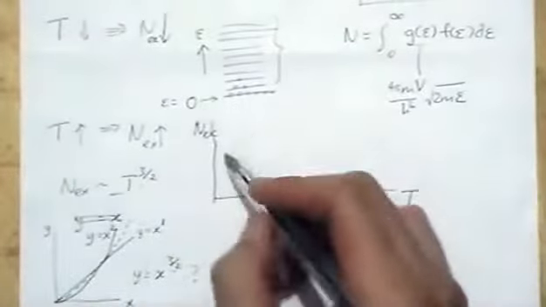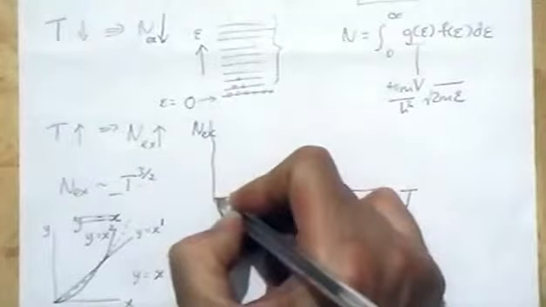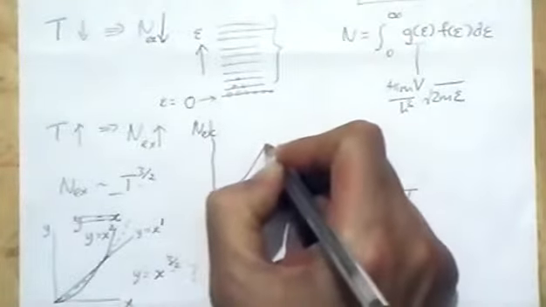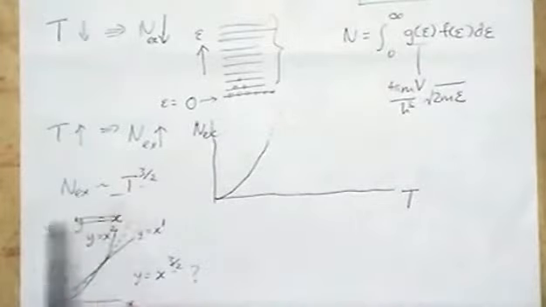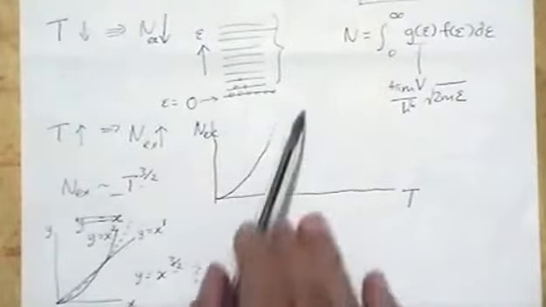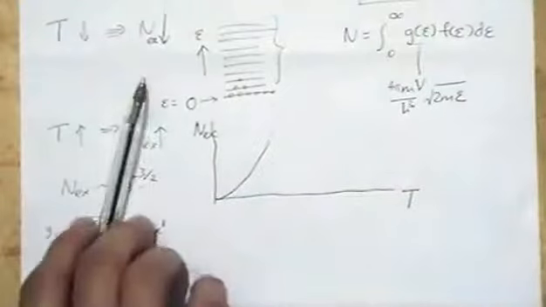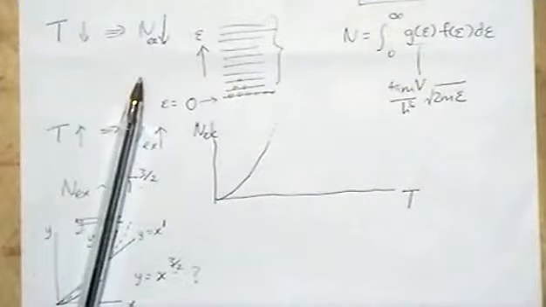So let's sketch that. It is a slight curve upwards. So that means that as T increases, NEX, number of excited particles, would go up. And this means that we have a problem.